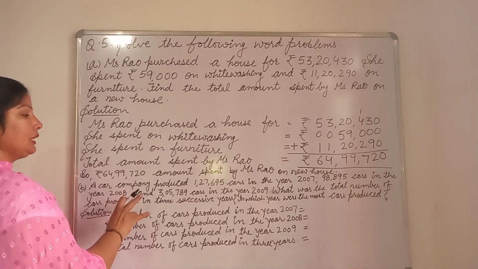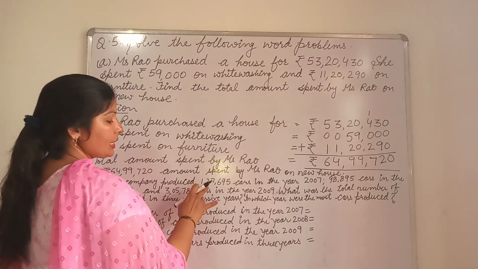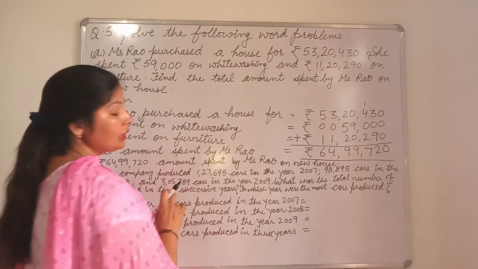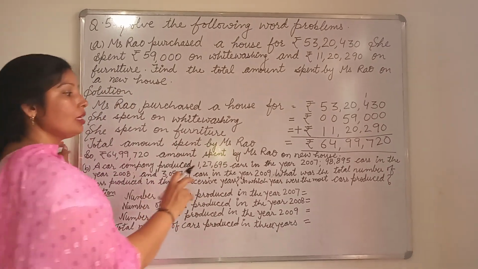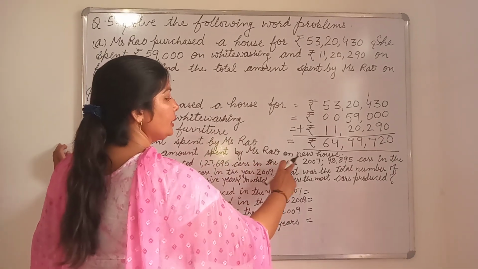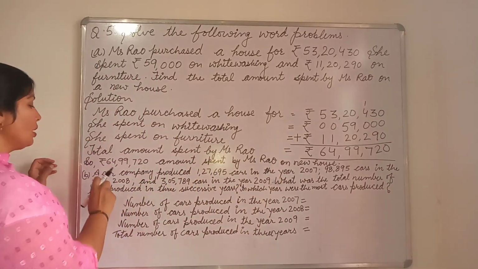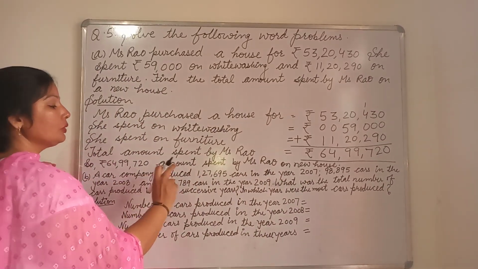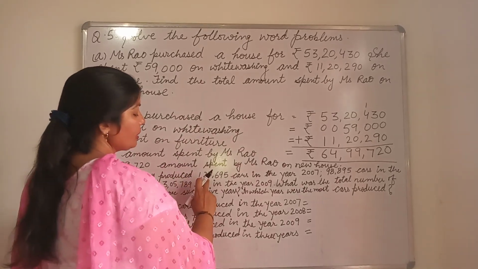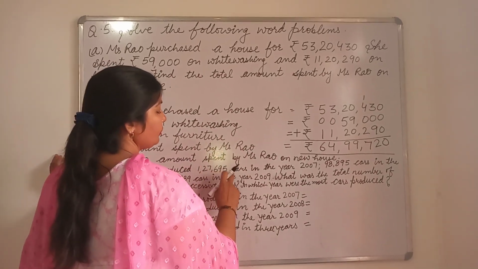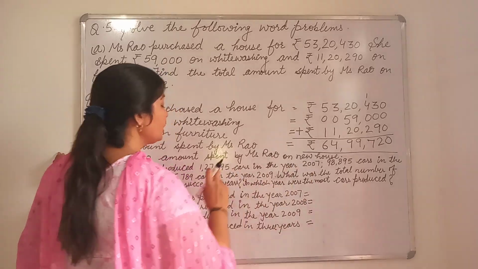A car company purchased 1,27,690 cars in the year 2000. Sorry, not purchase, produce. A car company produced 1,27,695 cars in the year 2007.